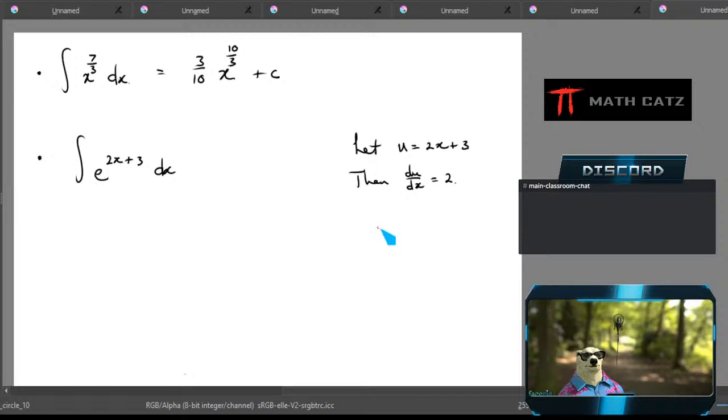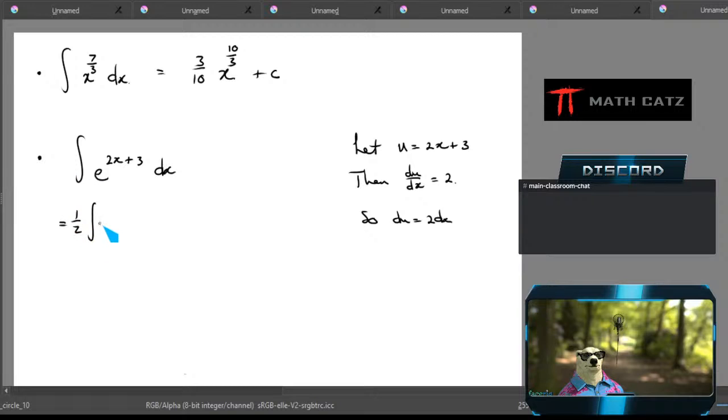I have a composition of functions here. What the method of substitution allows me to do by rewriting this is, well, I can almost rewrite it. I need a 2 with a dx, and there is no 2.